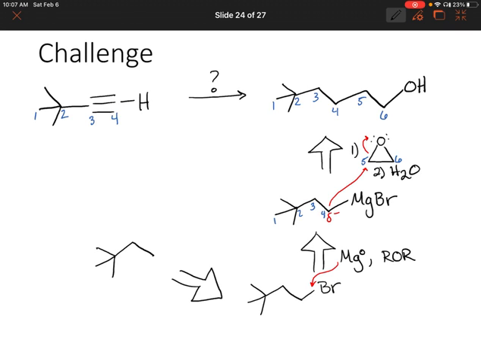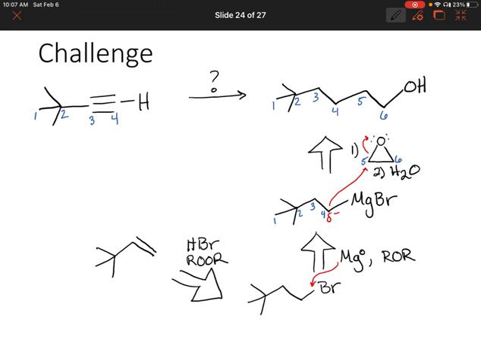It would have to be on the end, right, in order to add bromine on the end of the molecule. And what reagents would we use to add bromine to the end of the molecule? We would use HBr, but in order for bromine to add to the less substituted carbon, we need to add peroxides.